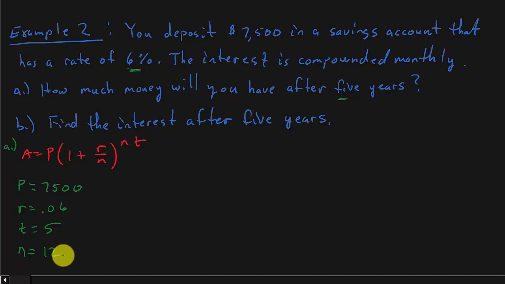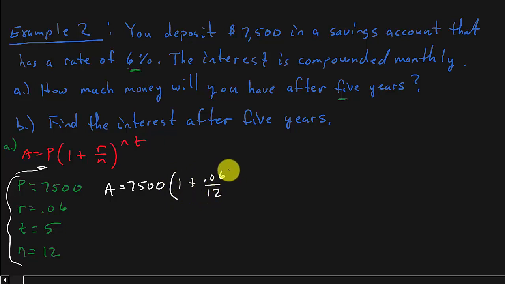Okay. So now all I do is plug all of this into my formula. So I get A is equal to 7,500 times (1 plus 0.06 over 12) raised to the 12 times 5. Put those in parentheses. And so let's see what we get on that.